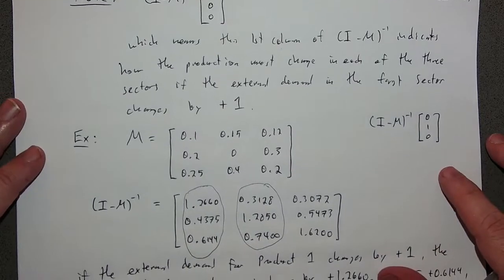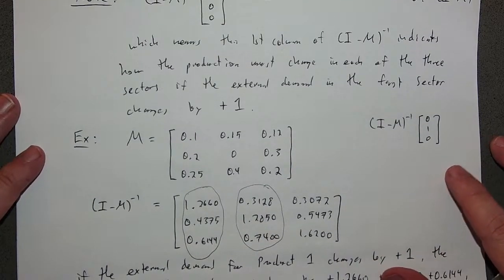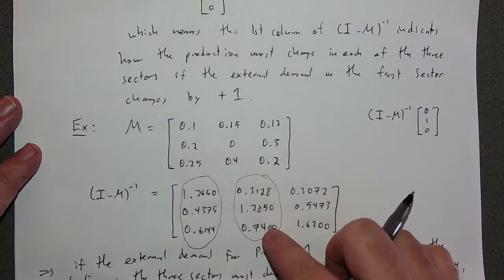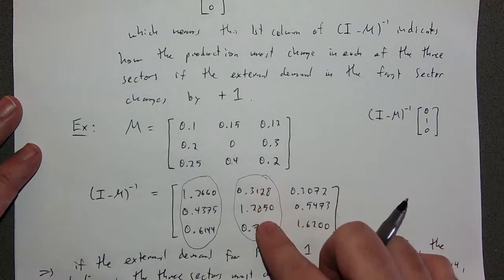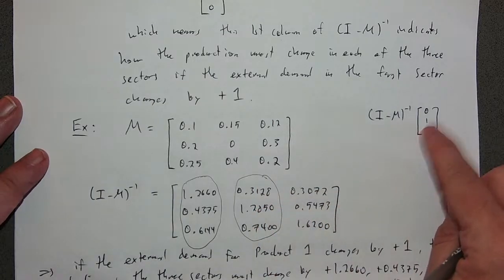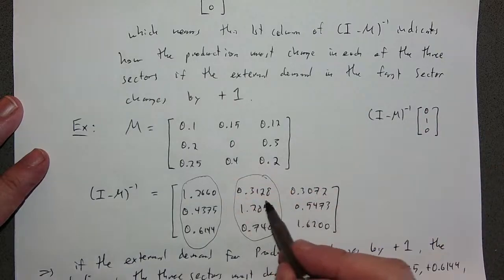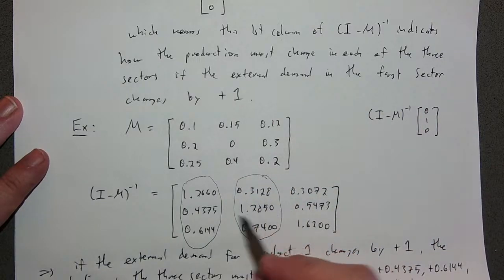And so what this is telling me is the amount that production has to increase in each sector, respectively, if the external demand for product 2 increases by 1 unit. Again, notice this entry here.